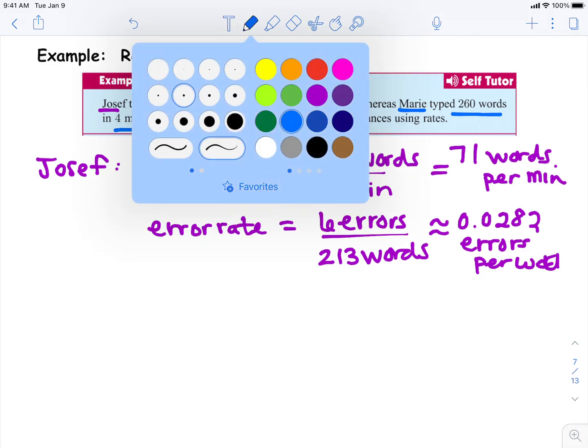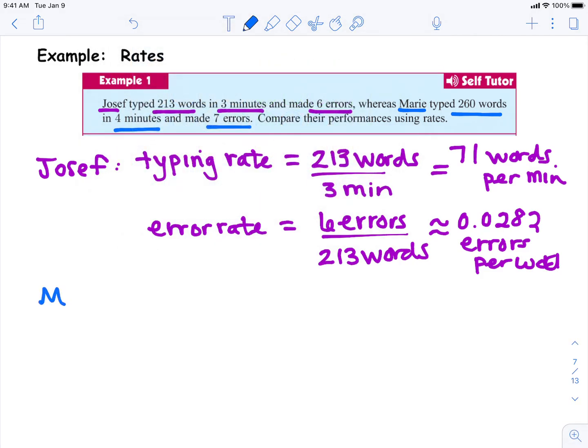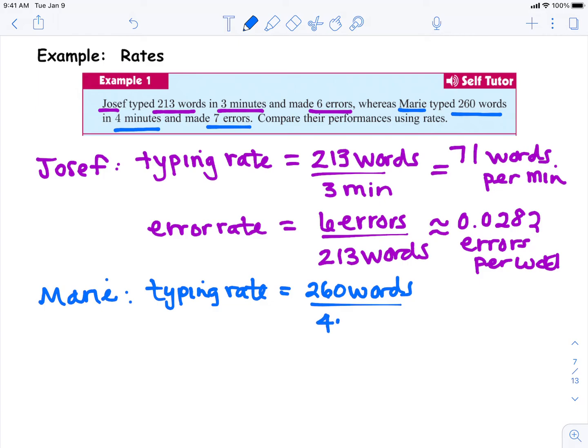All right, let's switch to Marie. With Marie, her typing rate, she typed 260 words in 4 minutes. Divide that, and you get 65 words per minute.